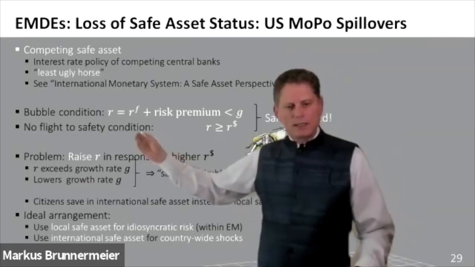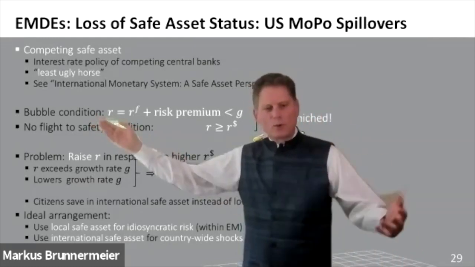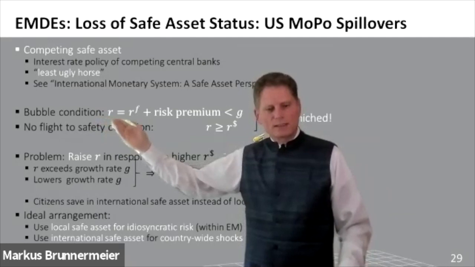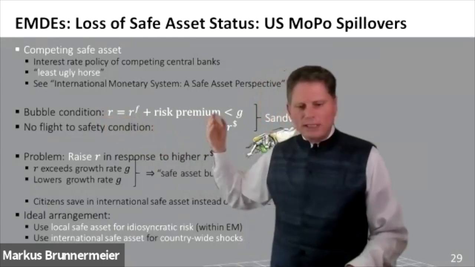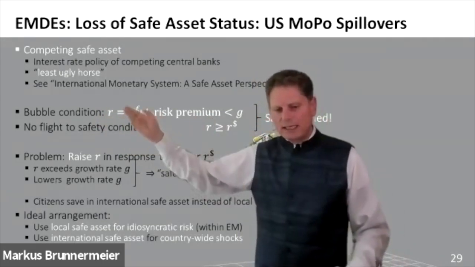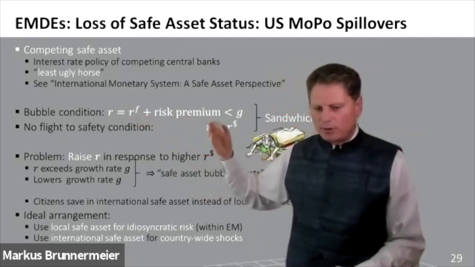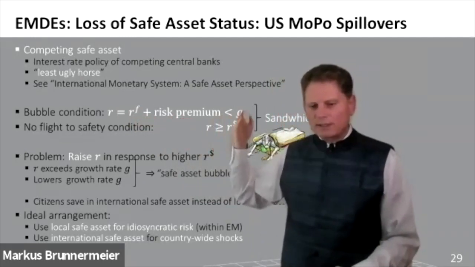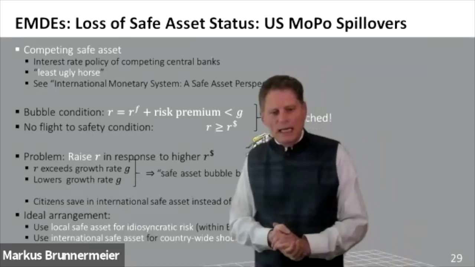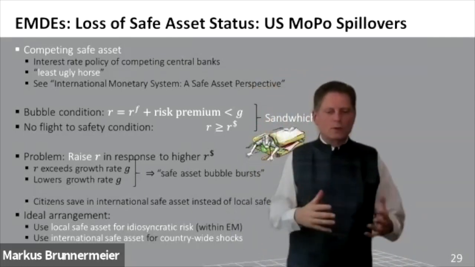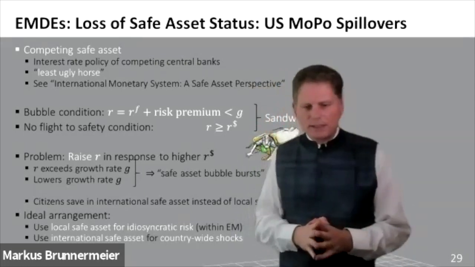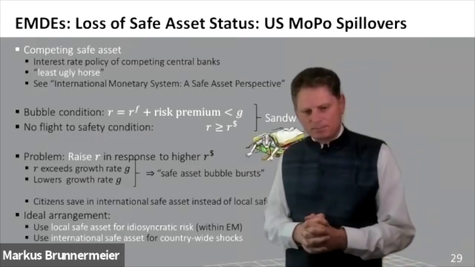As we said earlier, think of an emerging economy. The emerging economy has R versus G, but R is the risk-free rate in this country plus a risk premium, and that has to be smaller than G. And that whole analysis goes through: we can be in this bubble equilibrium, everything is fine.